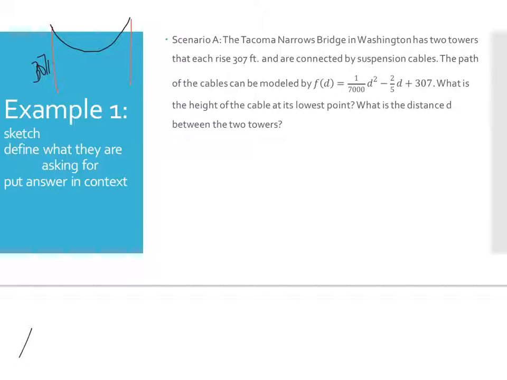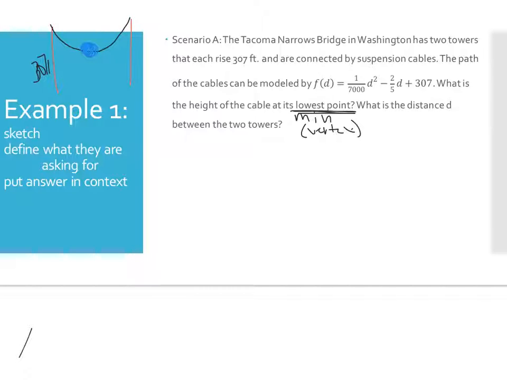They want to know what is the height of the cable at its lowest point. So here they're asking for our minimum, which we know is our vertex. And they want to know what is the distance between the 2 towers. So this goes along with something we haven't really talked about. Again, they want to know the lowest point, so our vertex.